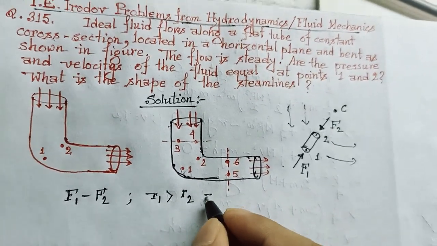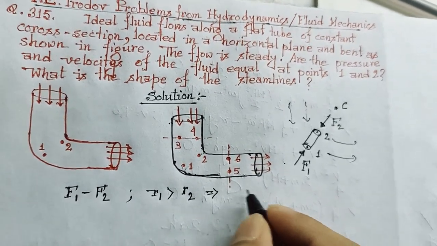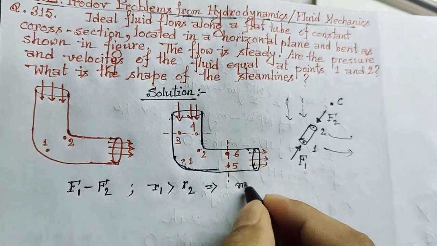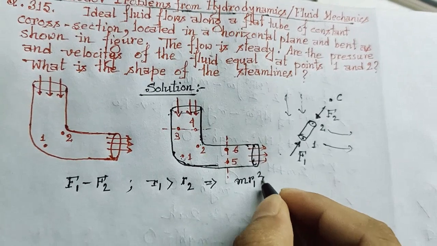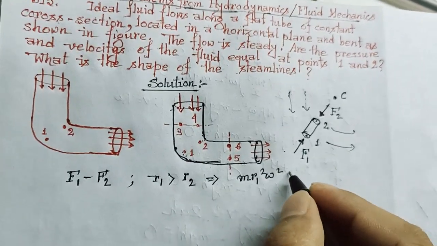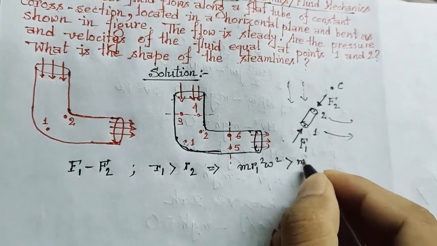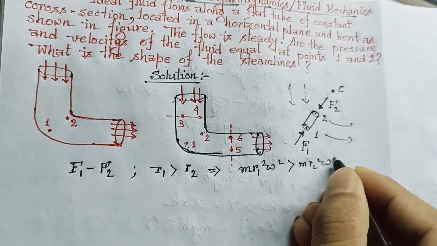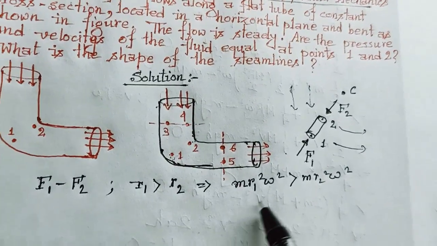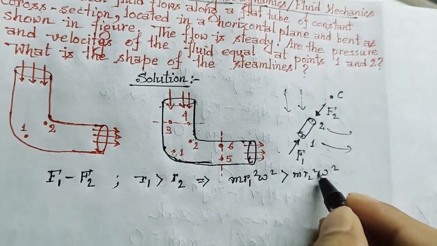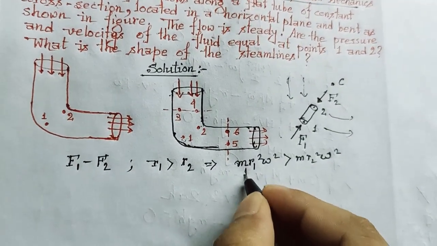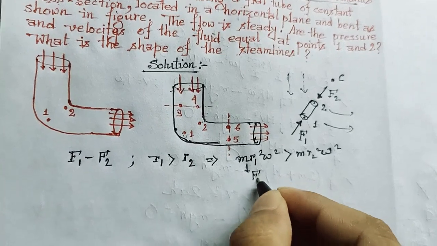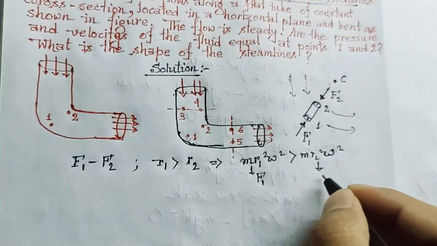So we can write M R1 square omega square will be greater than M R2 square omega square. But this M omega square R is nothing but the necessary centrifugal force, and this force indicates F1 and this force indicates F2.